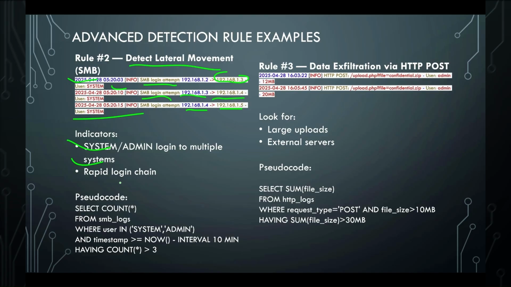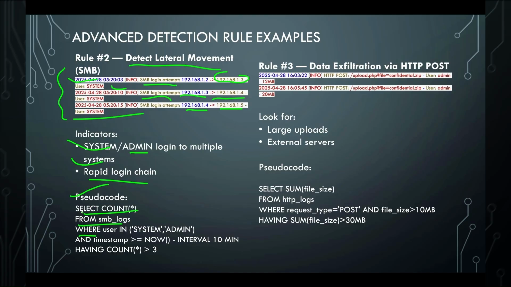So the rule you can create is to trigger an alert if an administrative account like system or admin logs into multiple machines in quick succession, like within 10 minutes, or detect lateral movement when a user logs into more than 3 machines within 15 minutes and it is not typical for their role. This log has all the logic and details which can help in creating the detection rule.